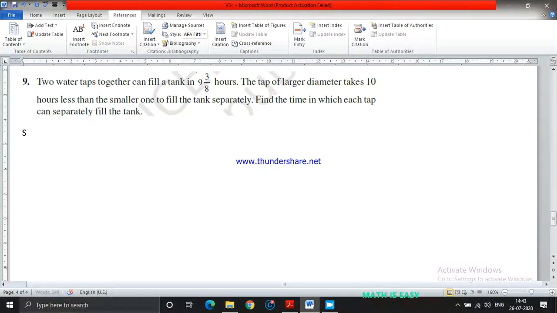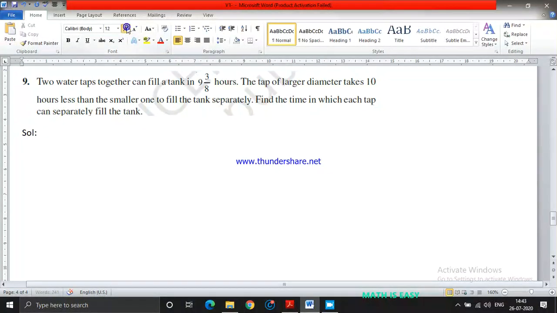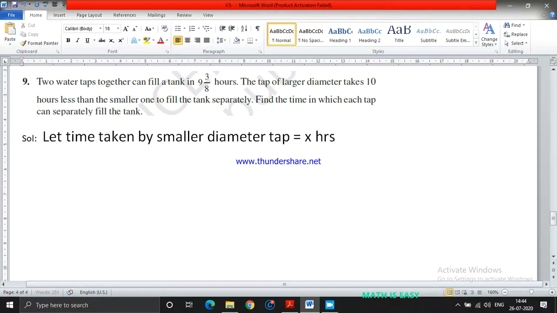Okay, so solution what you can write is, let time taken by the smaller diameter tap is equals to x hours.